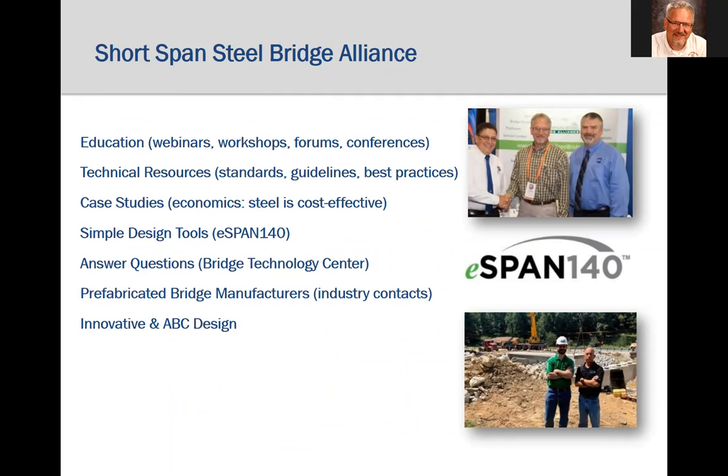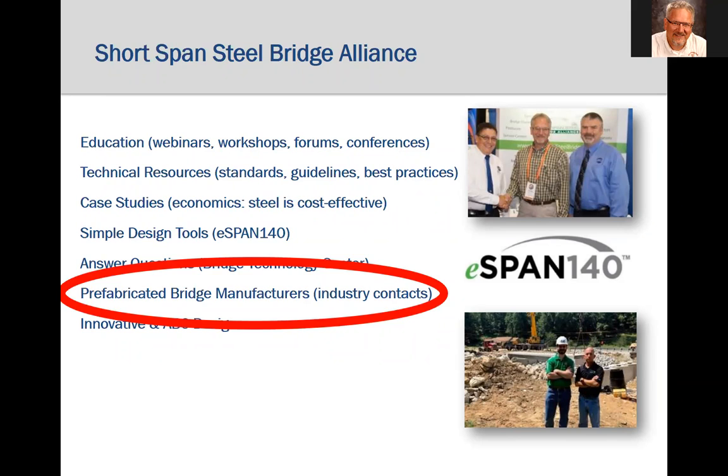Resources on all aspects of steel bridges, sample case studies, the simple design tool eSpan 140, which allows you to get a design for a steel bridge in a matter of minutes, a technology center for owner and engineer questions, prefabricated bridge manufacturer solutions from Alliance members, and innovative and ABC bridge solutions to meet bridge needs.